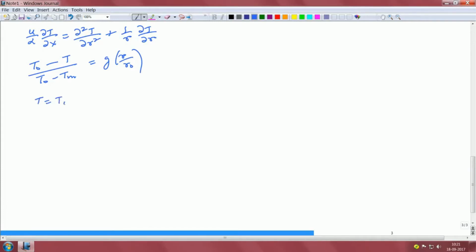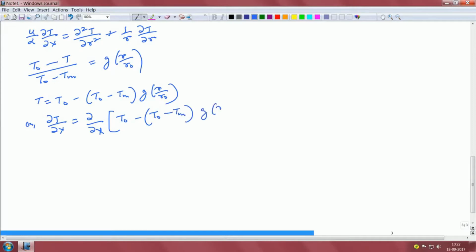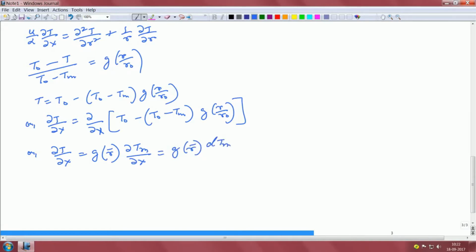So, T equal to T naught minus (T naught minus Tm) into G of R by R naught, or dT by dx, or this is G of R bar, right.